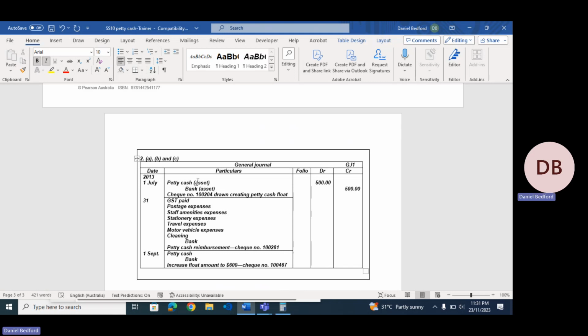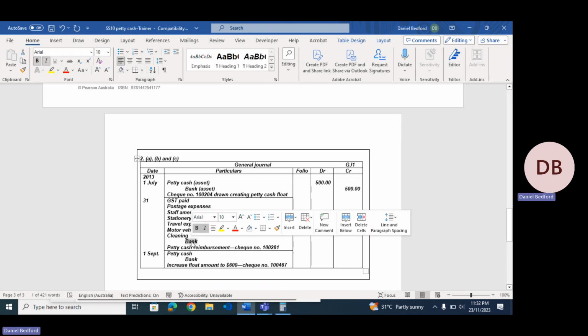Now the next one, while it sounds difficult, it's actually a lot easier than you think, because you've already got the totals. All we need to do is record them. So debit GST paid, postage, staff amenities all the way down to cleaning. So now we're recording all the expenses. And then we're reimbursing the petty cash tin from our bank account.